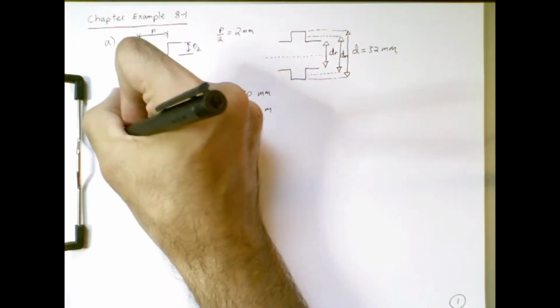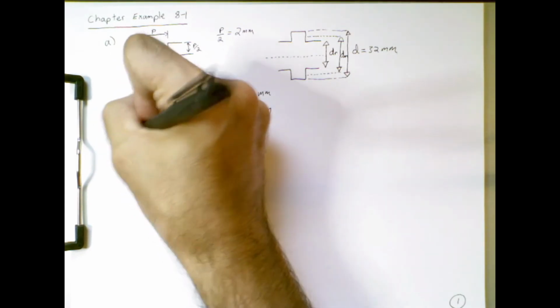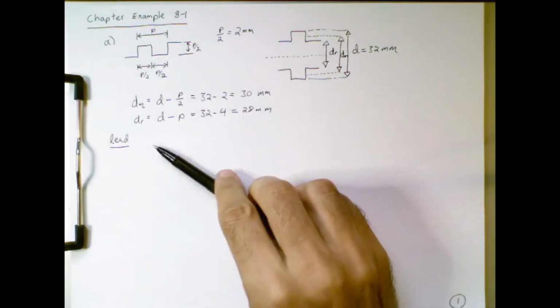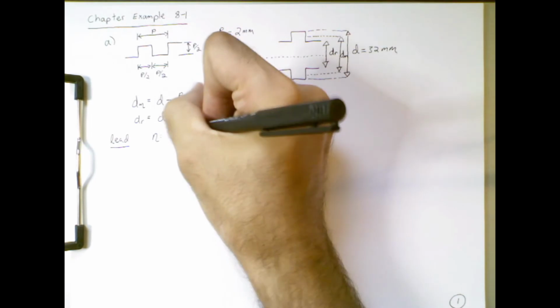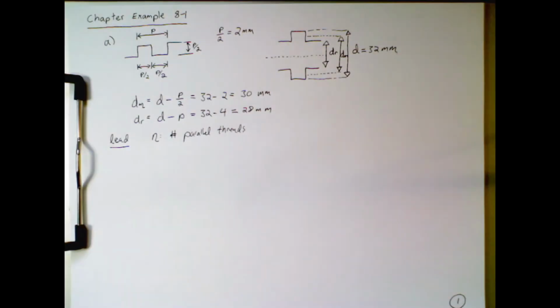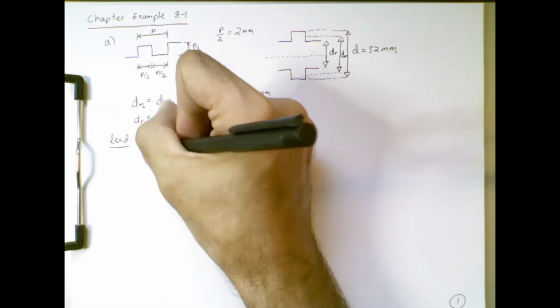The last thing we are asked to find is the lead. Now recall that the lead is the distance that the power screw or the nut travels axially for each full screw rotation. And this depends on whether we have a single threaded screw or a multiple threaded screw. If we define n to be the number of parallel threads that we have, in this case we have n equals 2.